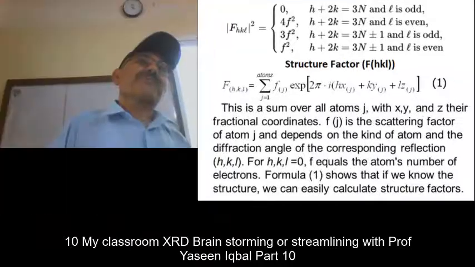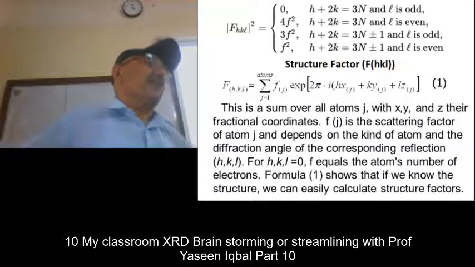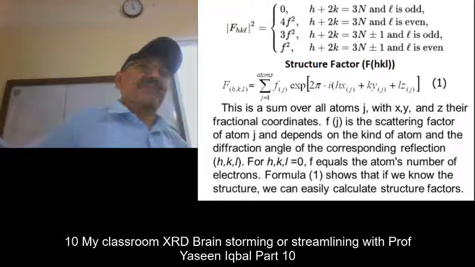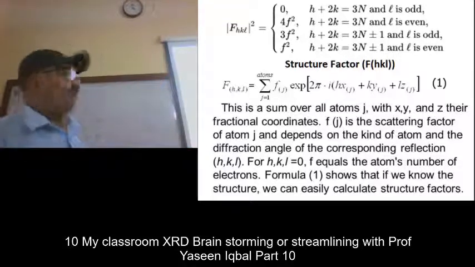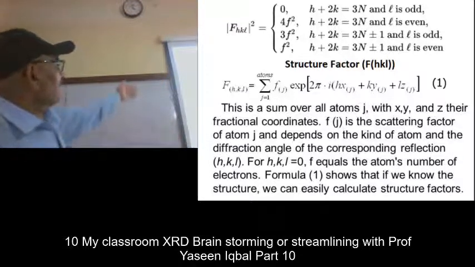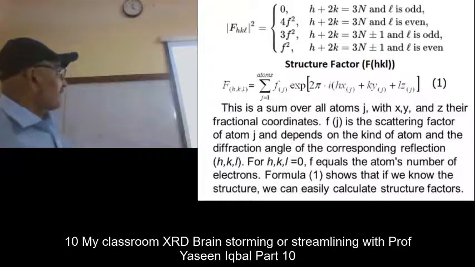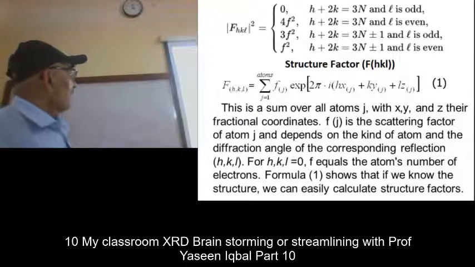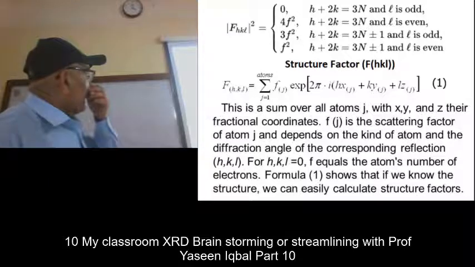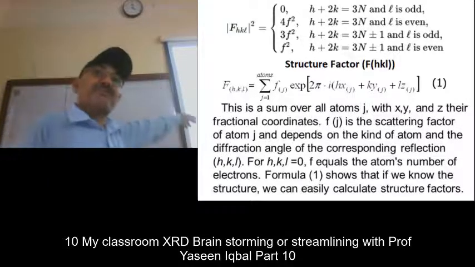So this is the structure factor where J is the number of atoms and Fj is the scattering factor of atom J, right? The scattering factor of atom J, but then we are saying it is reflecting the specific plane.